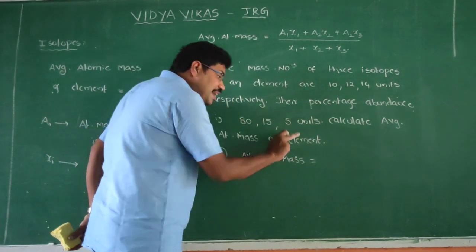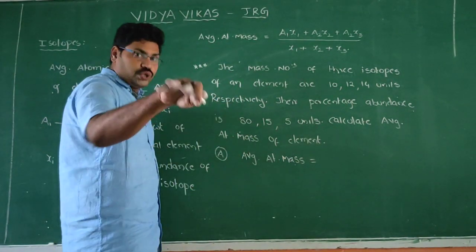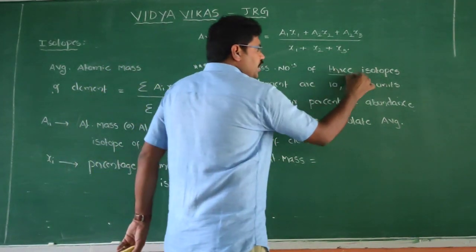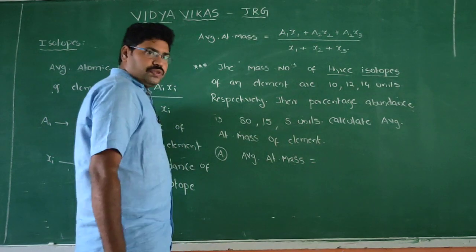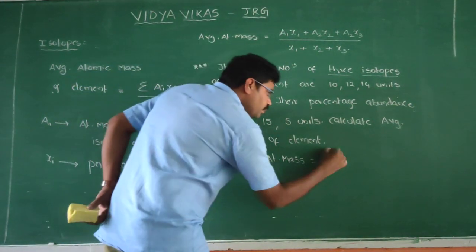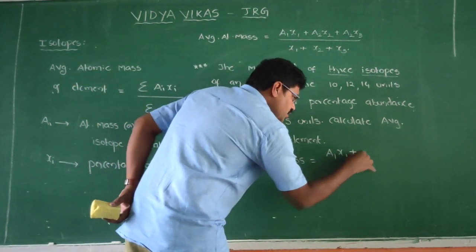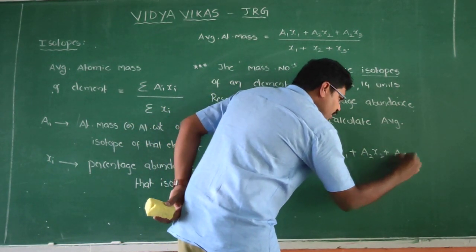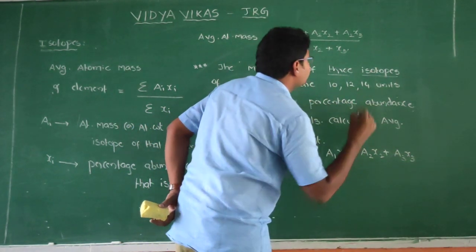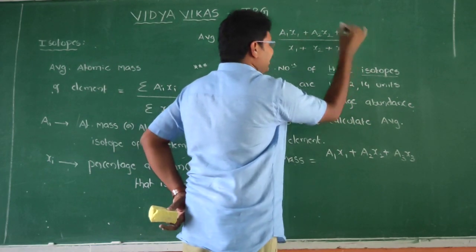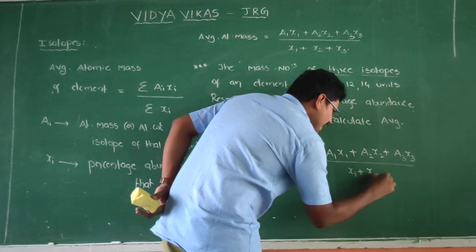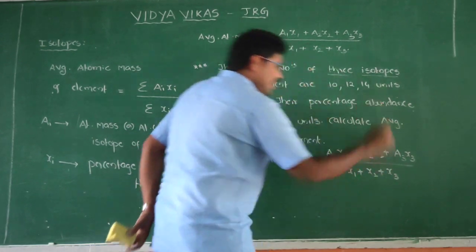which depends on how many isotopes that element exists in. The question is clear that the element exists in 3 isotopes, and that's why my formula, dear students, is A1x1 plus A2x2 plus A3x3, I'm sorry, this is A3, okay, by x1 plus x2 plus x3.